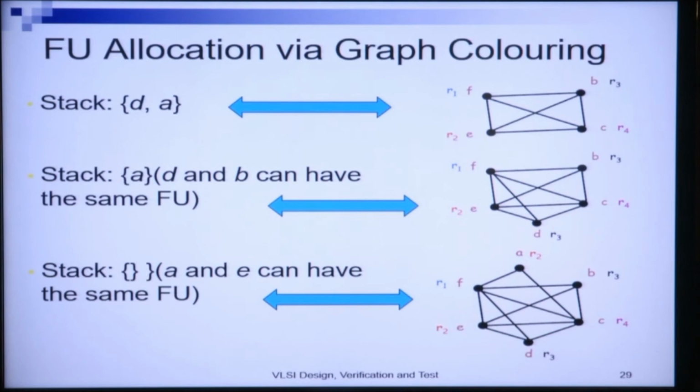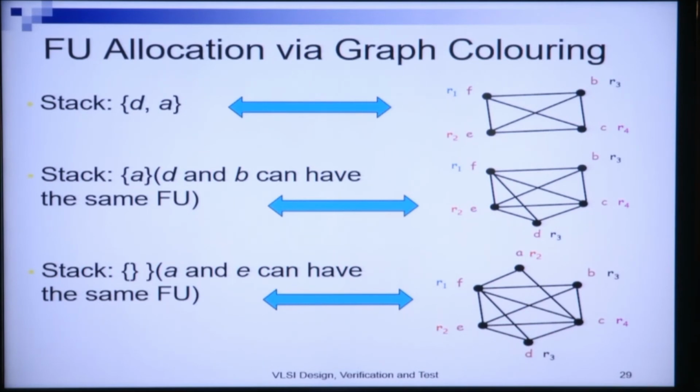Now, I take out D. We see that D and B do not share an edge, and hence D and B can have the same color. So, the same resource instance R3, black, can be used for both operations B and D. And at last, I take out A. We see that A and E can have the same color because they do not share an edge, and the same resource can be assigned to both of them.